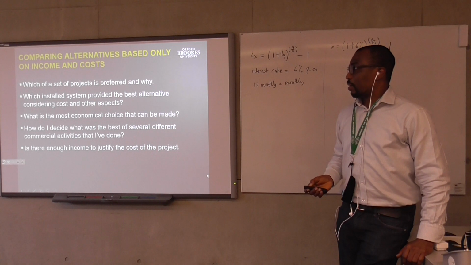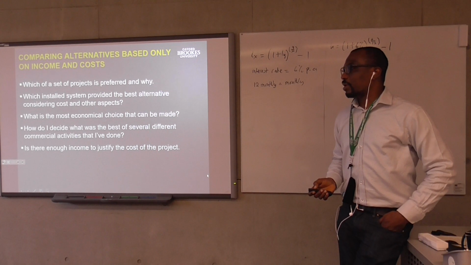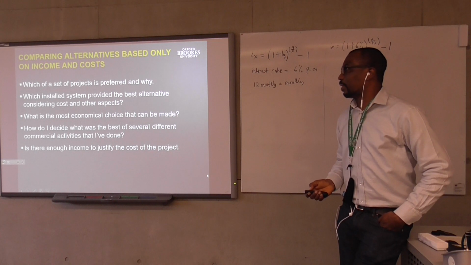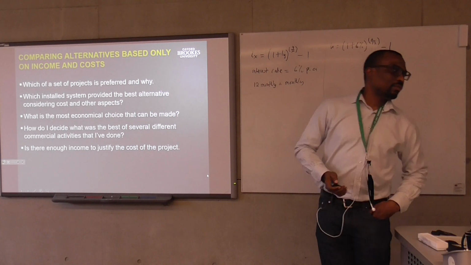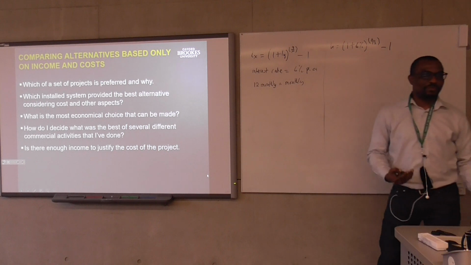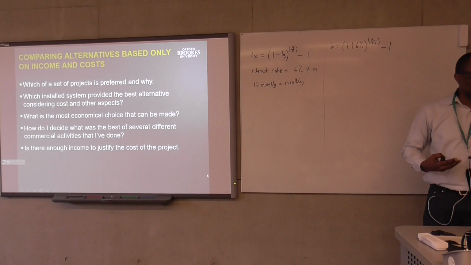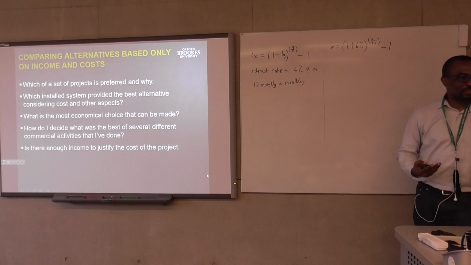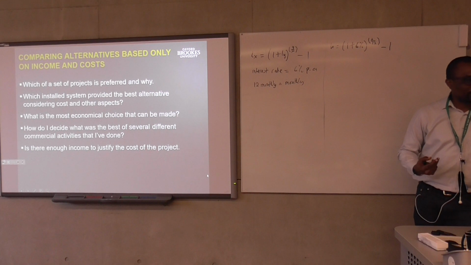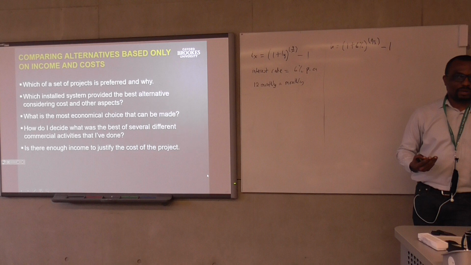Comparing alternatives based on income and cost. Here we want to look at which set of projects we prefer and why. If you have, let's say, 2 or 3 different systems, which installed alternative is the best system?